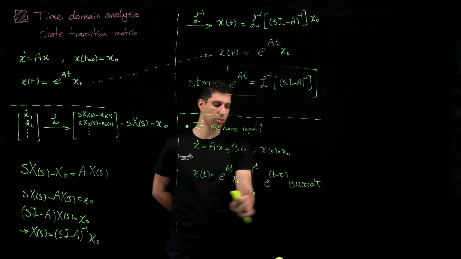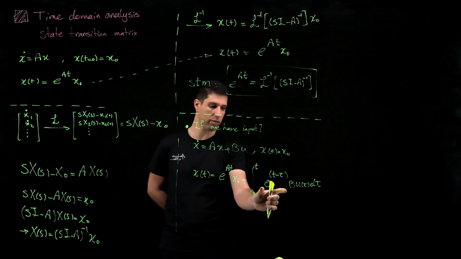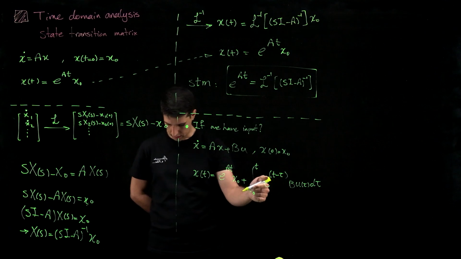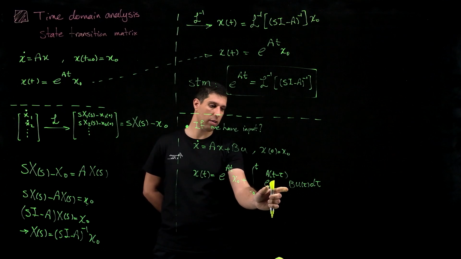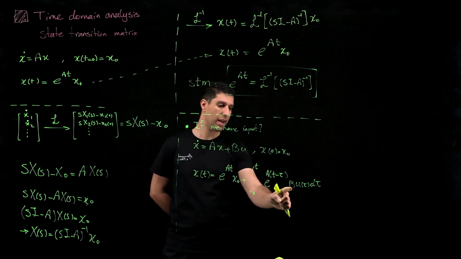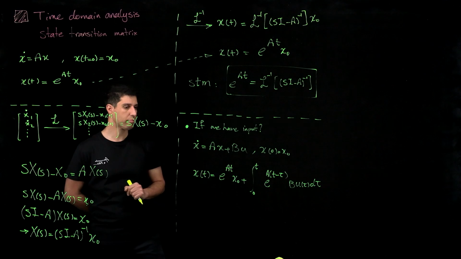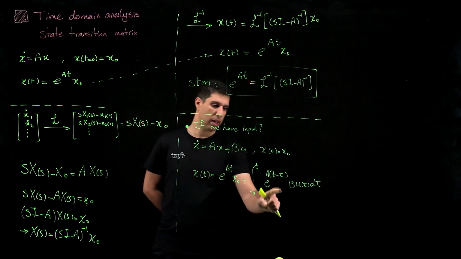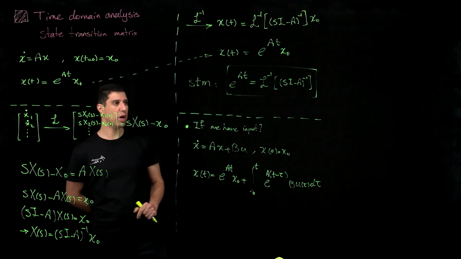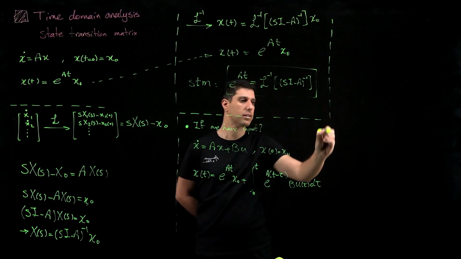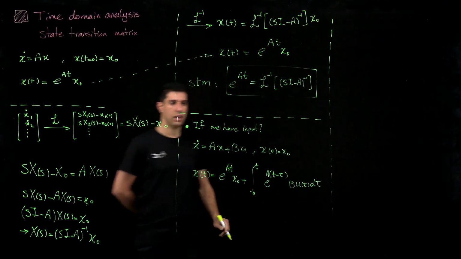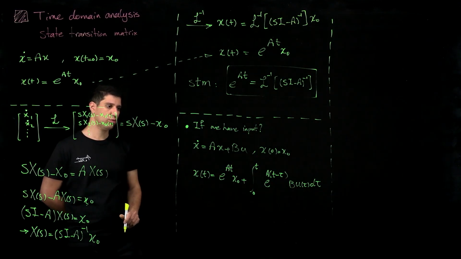This is the convolution of, oh wait, I'm missing an A. This is the convolution of the function e to the At and Bu, and let's see why we have that.